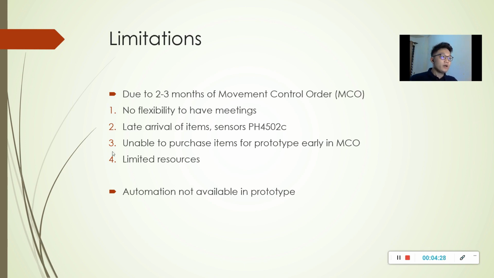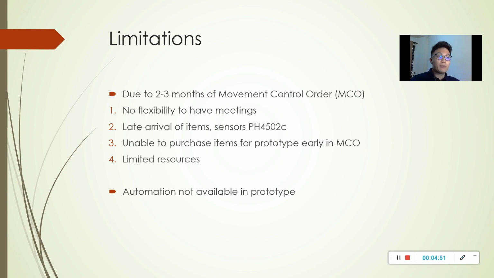Another limited resource is that we were not able to search for more items. Like I said, we have no flexibility on going out to buy items. We are only left with online e-stores, which will also take time to arrive, and that's why we did not resort to that.